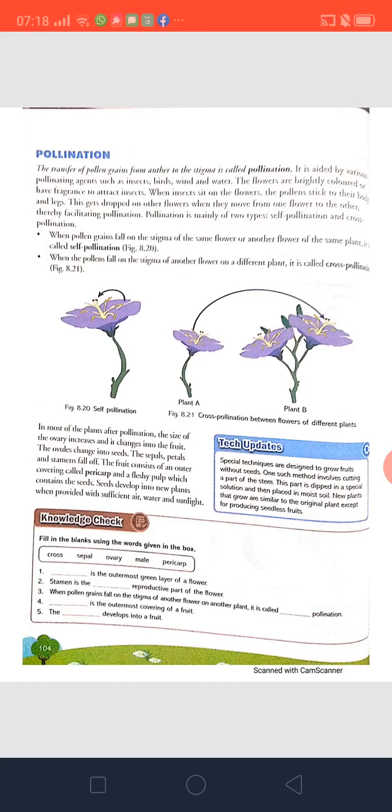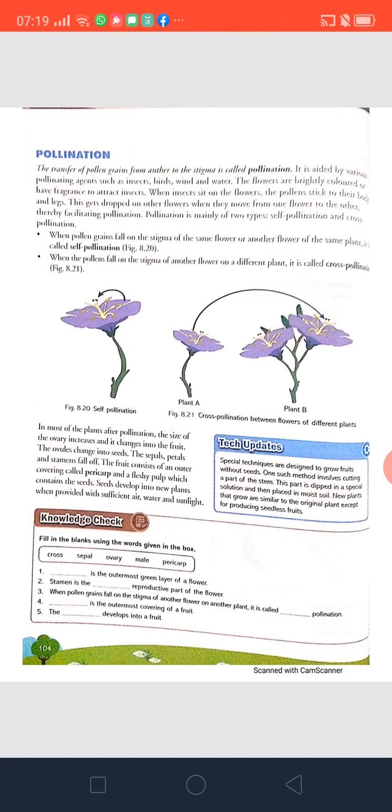And what happens when an insect sits on the flower? Pollen grains stick to its body. The pollen grains, the male gametes, stick to its legs when the insect sits on the flower. And when this insect visits another flower of the same kind or another kind, the pollen grains get transferred to the stigma of the flower.